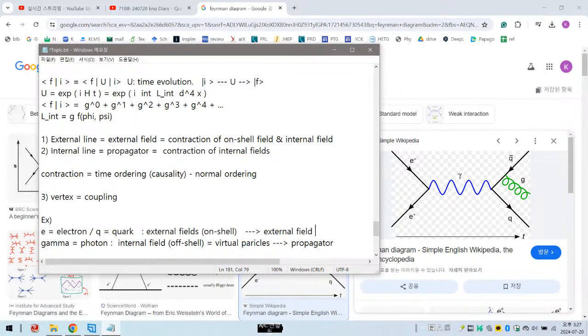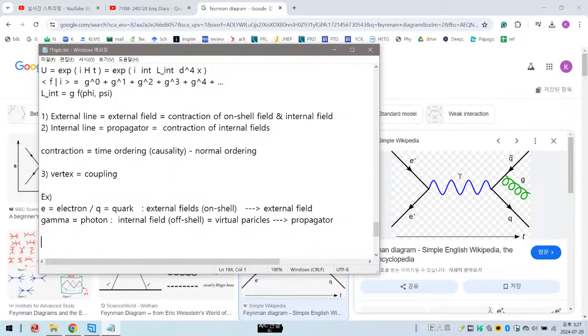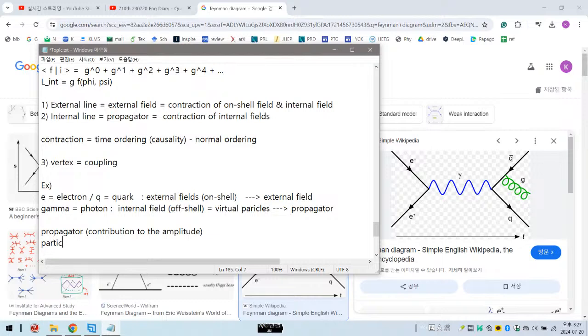But depending on the type of the field, whether the particle is spin 0, spin 1/2, or spin 1, they give different types of contribution. For example, for the propagator contribution to the amplitude, if the particle is spin 0, then the propagator form is given by i over q squared minus m squared, where q is the momentum transfer, which is the momentum change, and m is the mass of this spin 0 particle.